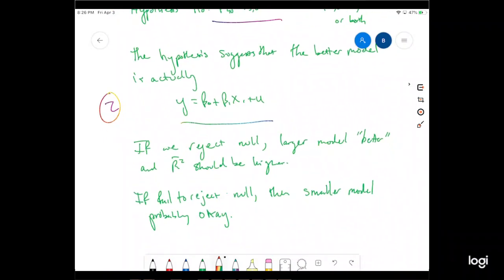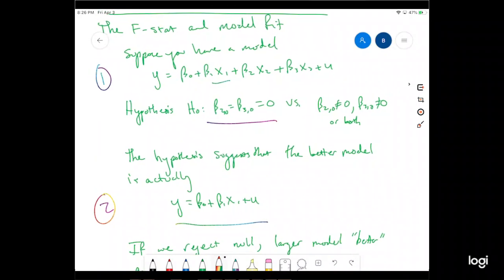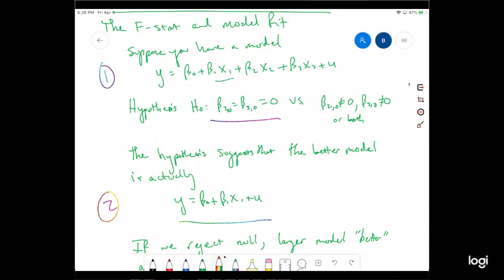If we fail to reject the null, on the other hand, then the smaller model is probably okay. If we fail to reject the null hypothesis, beta 2 and beta 3 might equal 0, and that would suggest that x2 and x3 really have no effect on y.